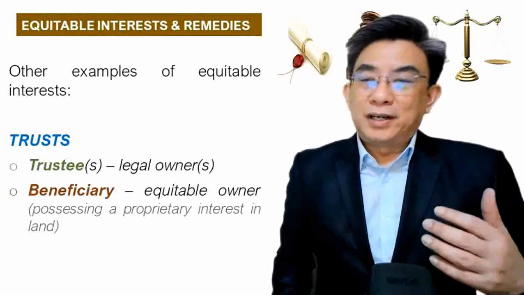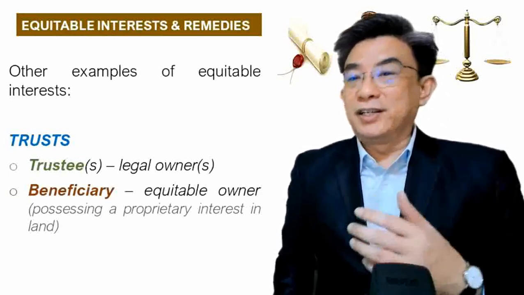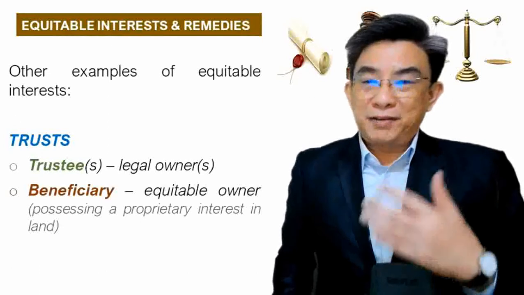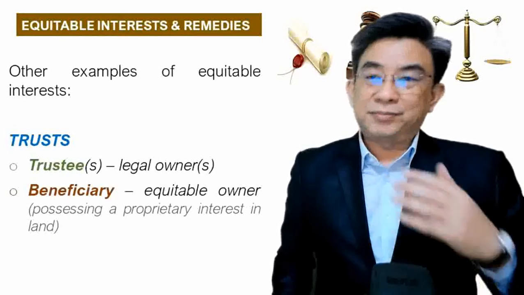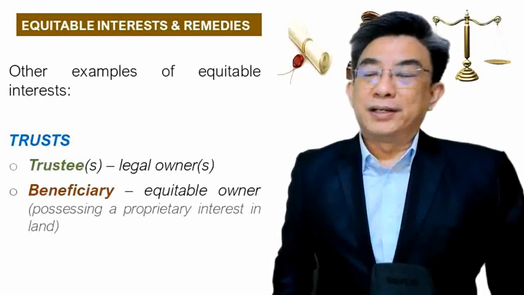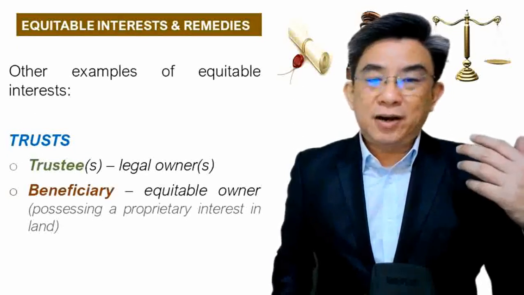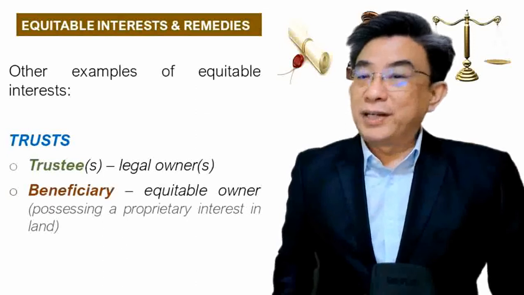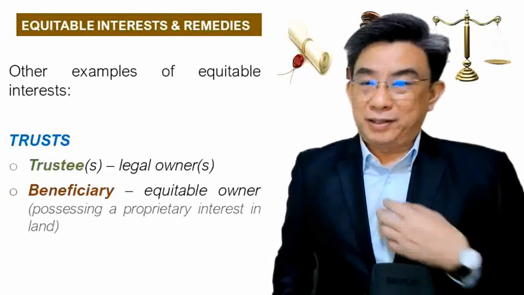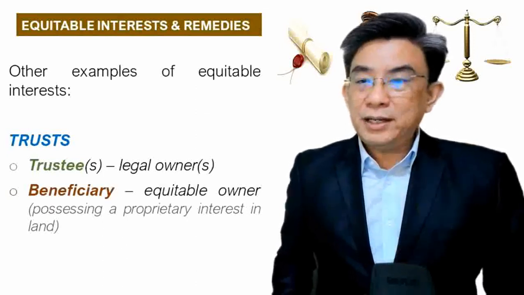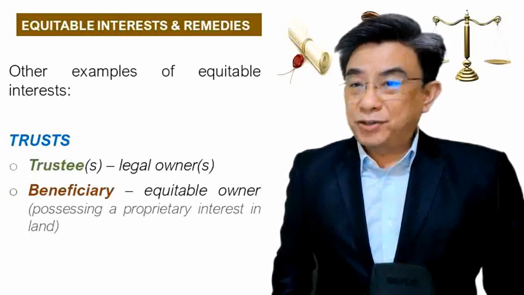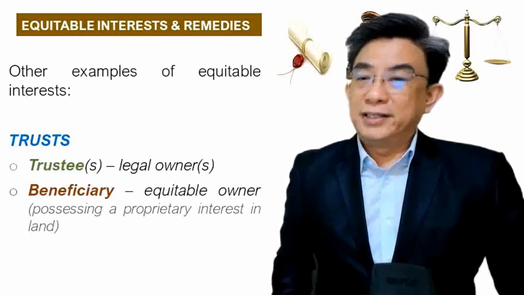Of course, the rule says that the trustee is the legal owner and the beneficiary is just an equitable owner, so somebody looks after the title on their behalf. But the beneficiary actually possesses the proprietary interest, that means the right in the land.